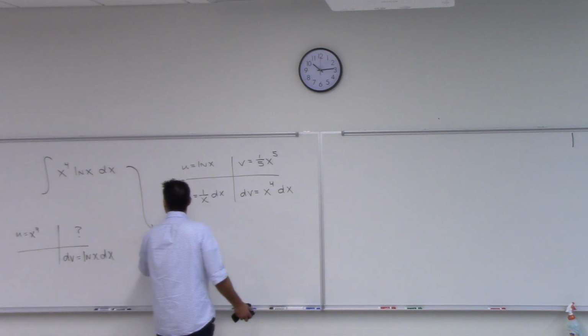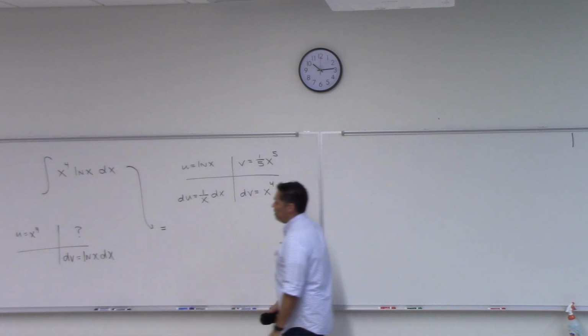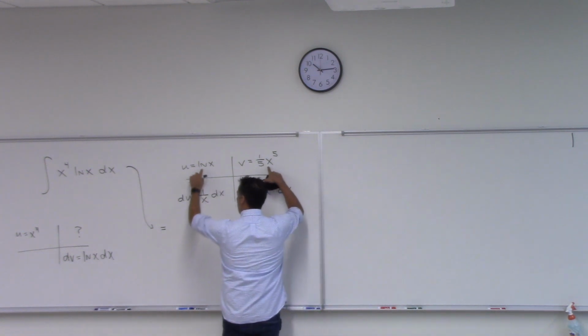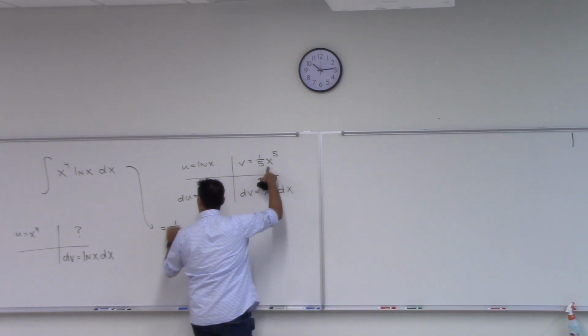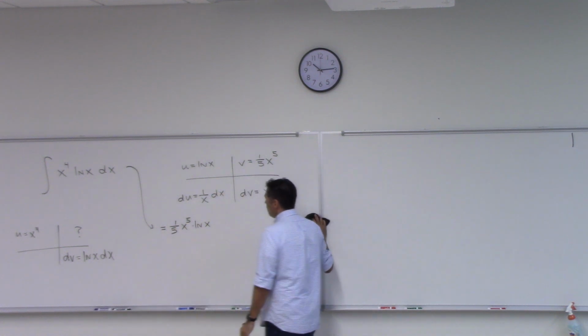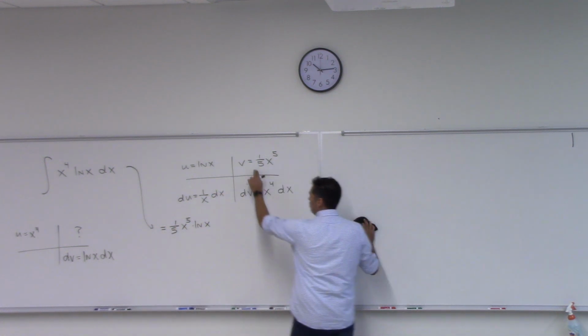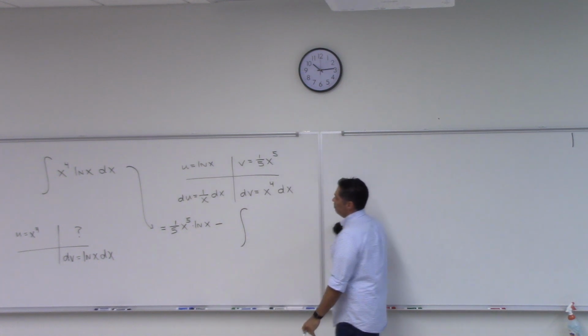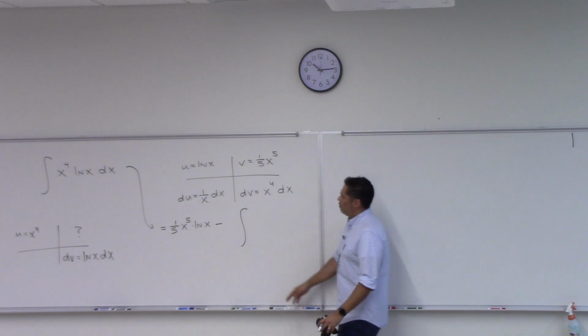All right, let's finish this problem out, because this is not going to take us but a minute or two. So y'all ready for ultraviolet minus voodoo? Ultraviolet are these two multiplied. 1/5 x to the 5th times natural log x. That's these two multiplied. Minus the integral of voodoo.